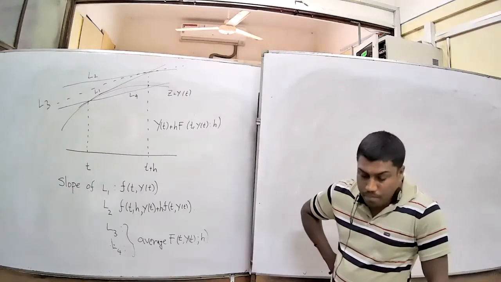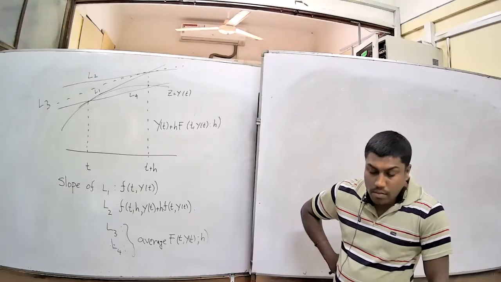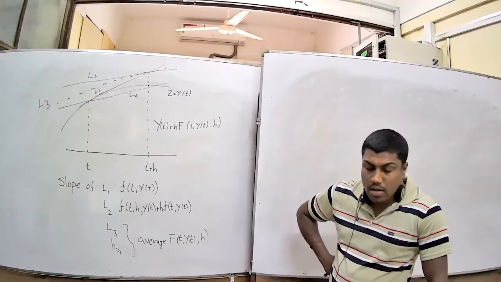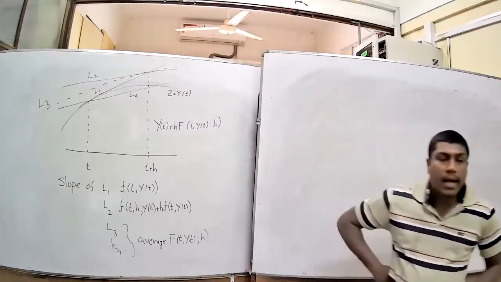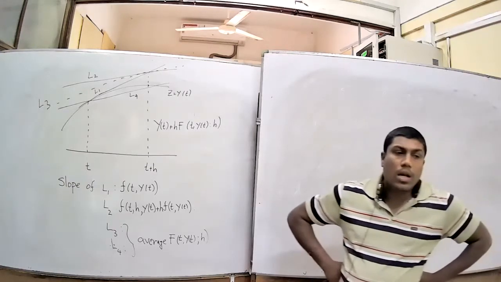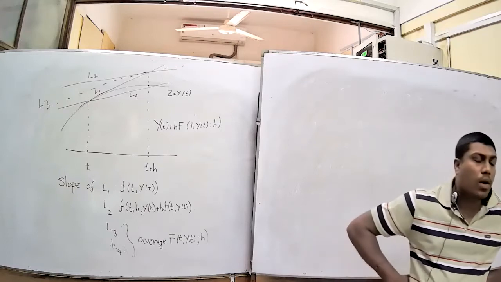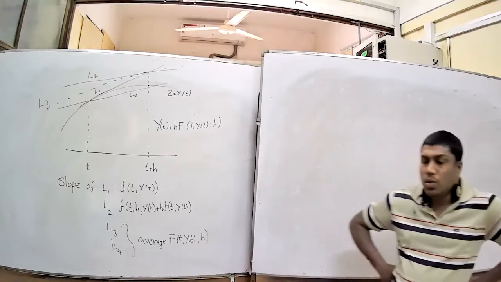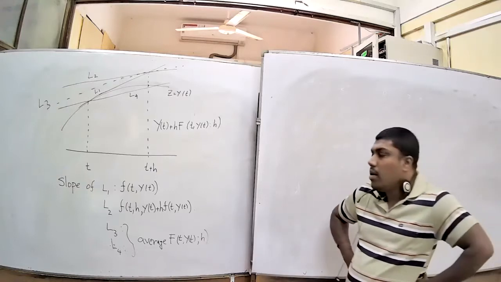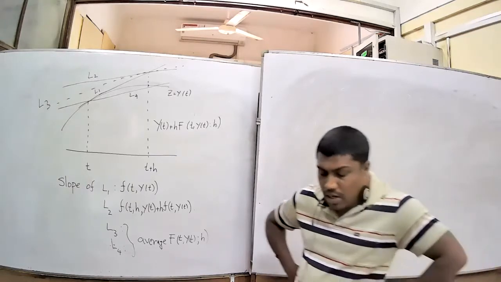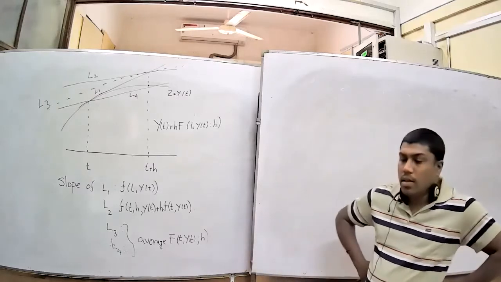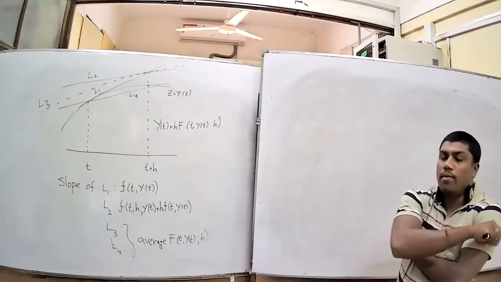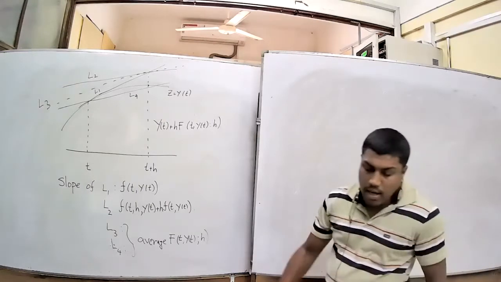We can determine the coefficients such that the truncation error of the method, when the original solution y of t is substituted, is of order h cubed. So we do the computation in such a way that the order is h cubed for the truncation error. That is what we did there.